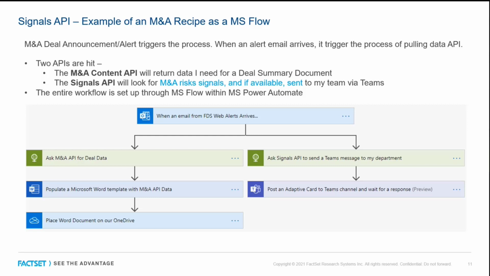And if there are, it'll post a message to the Teams channel with all of the UI present there. So that's super, super powerful. And it's a way to, again, meet the clients where they are and surface that information without them having to check every single portfolio company that they're watching, every single day.